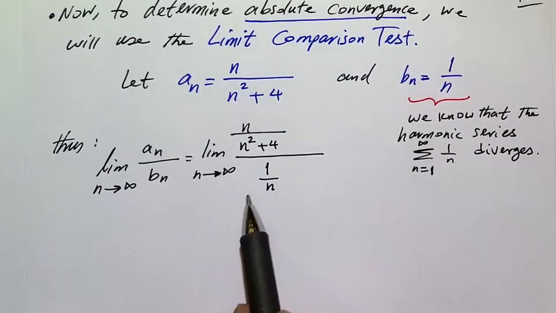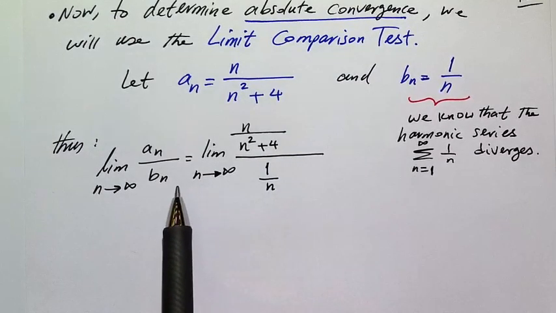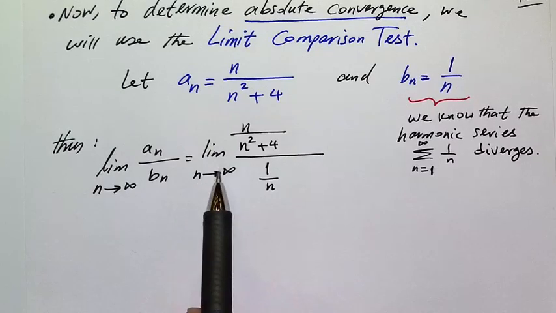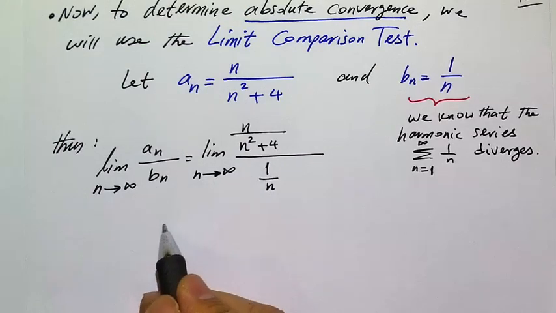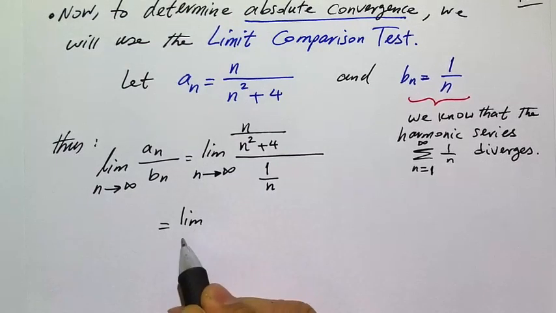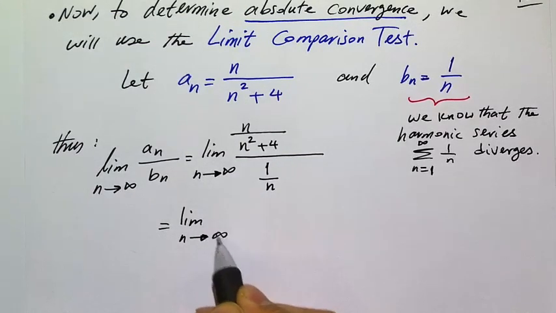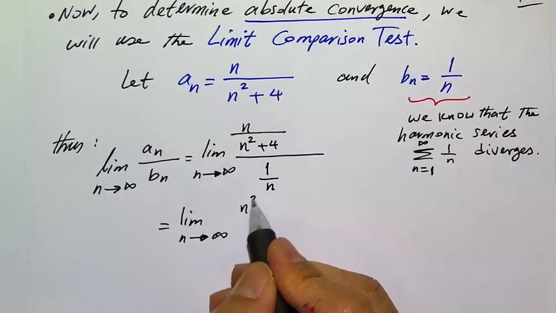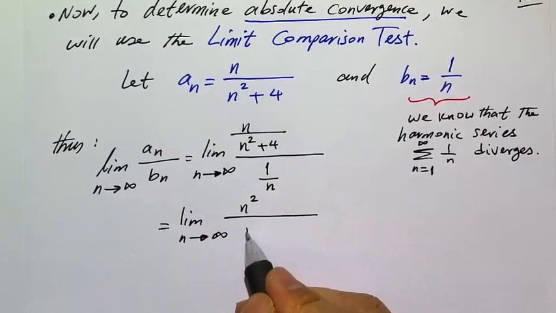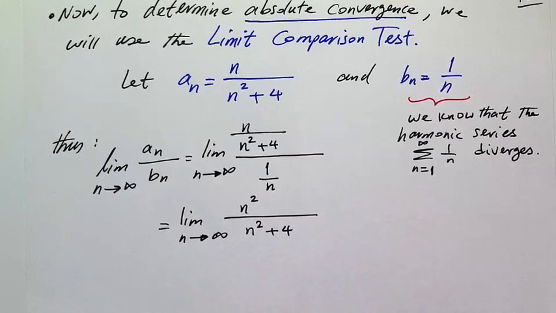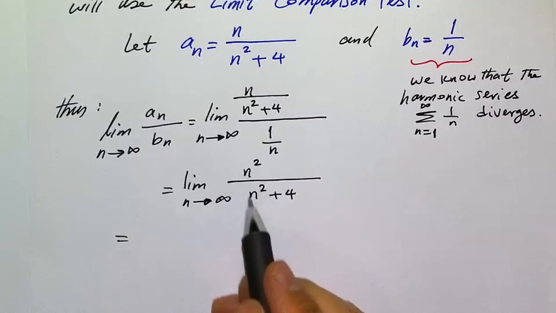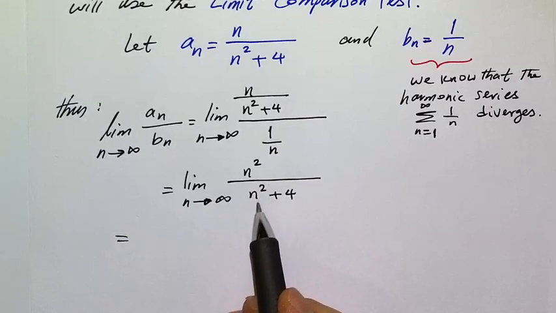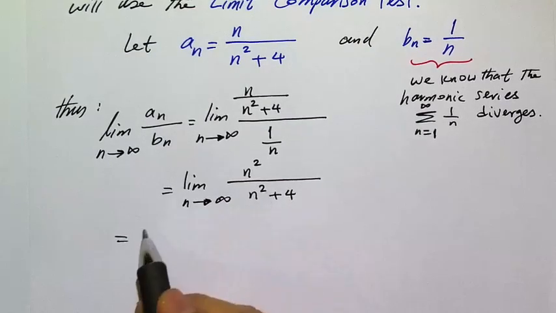Let's simplify this complex fraction. We have the limit as n goes to infinity of n squared divided by n squared plus 4. And just like before, let's divide every term here by the highest power of n in the denominator, that would be n squared.